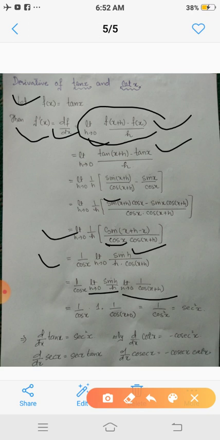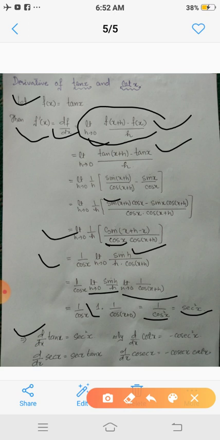Now limit h tends to 0 sin h upon h is a standard limit, that is 1. Now 1 upon cos of x plus h, in terms of the limit, is 1 upon cos of x plus 0, that is 1 upon cos x. So it is 1 upon cos x into 1 upon cos x, that is 1 upon cos square x, that is sec square x. So the derivative of tan x is sec square x.